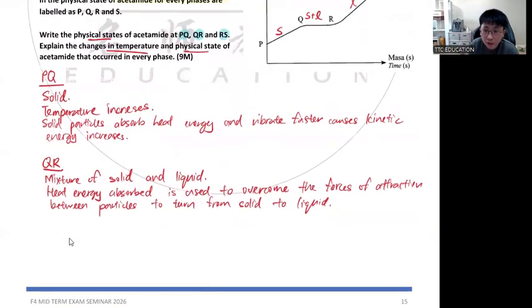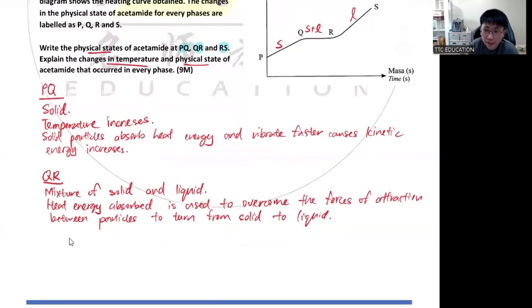Then how about RS? So this one finish, this one got 3 marks already, yeah? Because I say energy absorbed to do what?